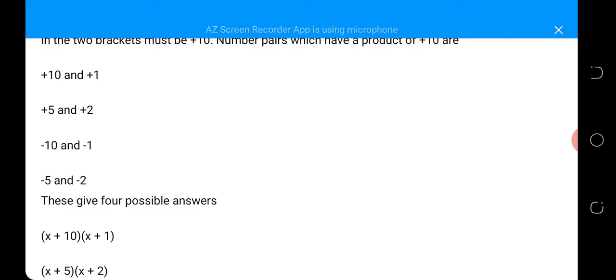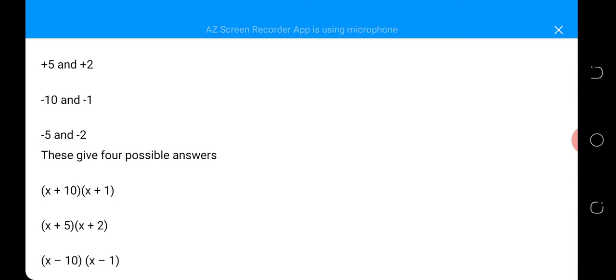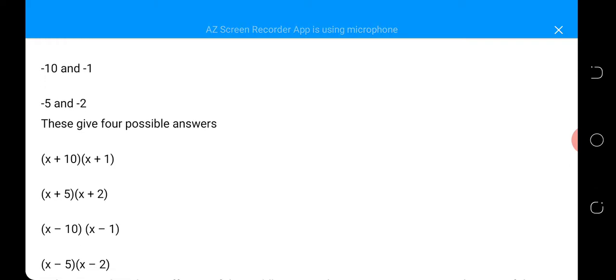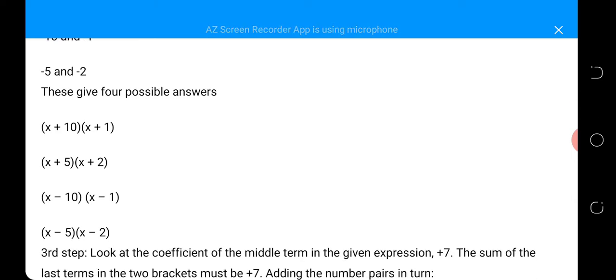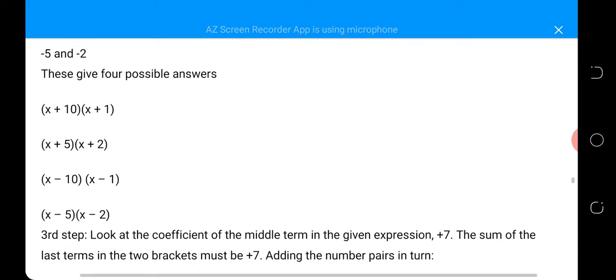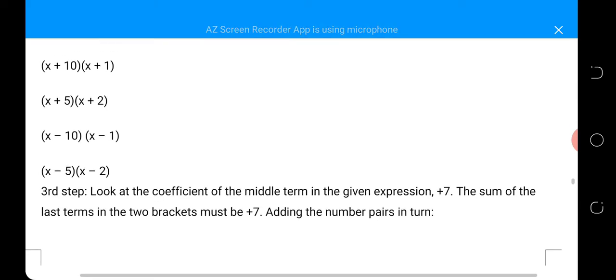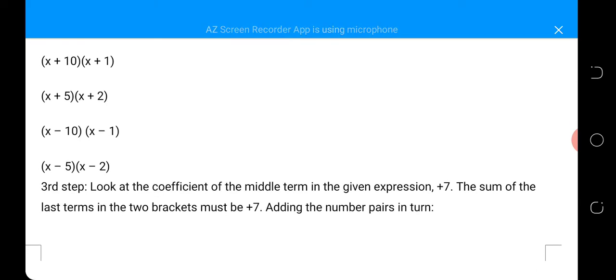These are plus 10 and plus 1, plus 5 and plus 2, minus 10 and minus 1, minus 5 and minus 2. These give 4 possible answers. So let's fill the bracket with the 4 possible answers separately as shown in the solutions.